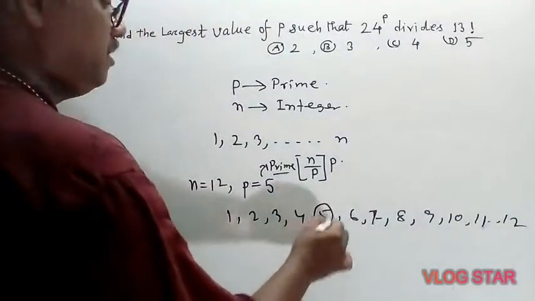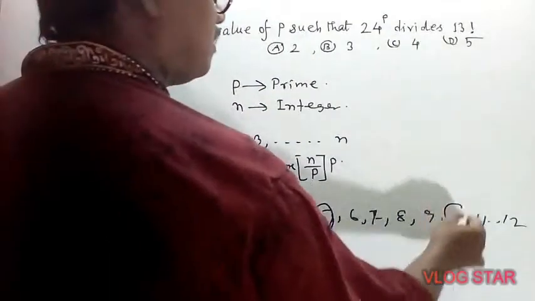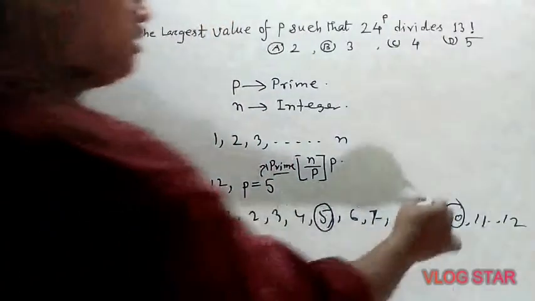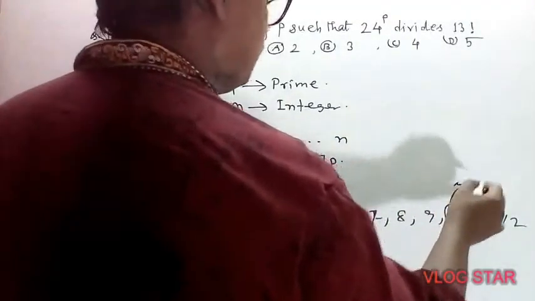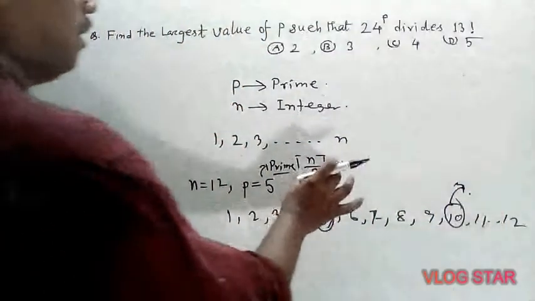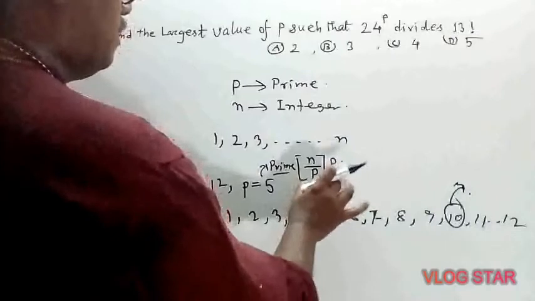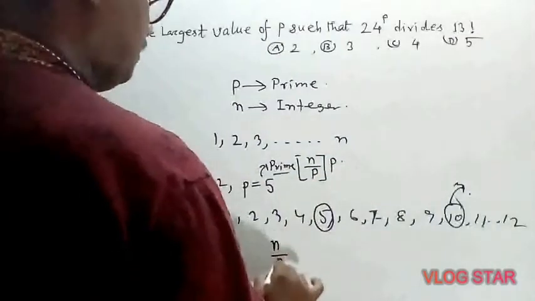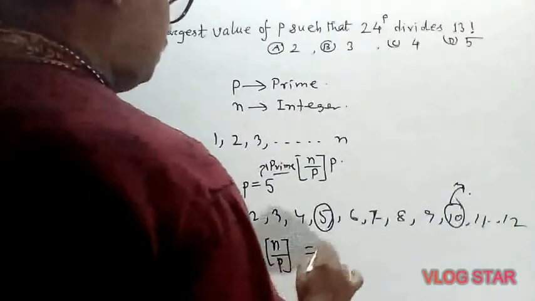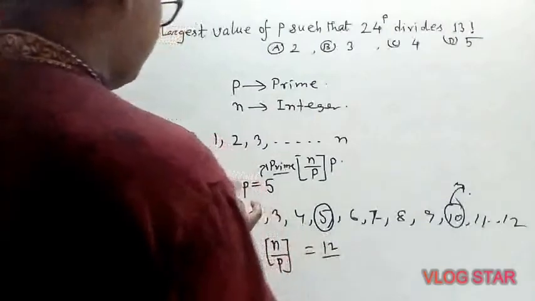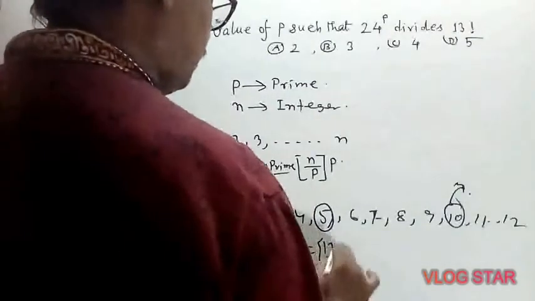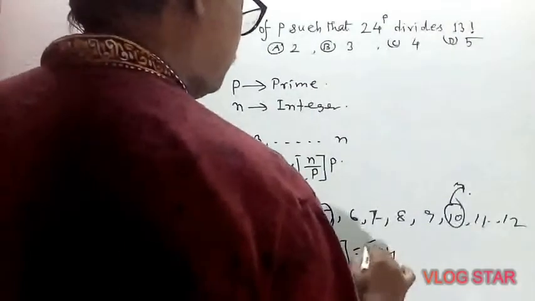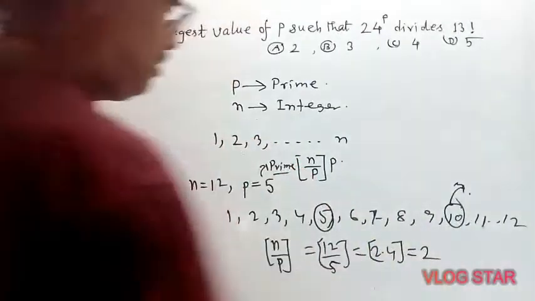This is divisible by 5 and this is divisible by 5. The last integer is 10, obviously. Now if we take n by p, n means 12, p means 5, it is 2.4. The integer value is 2.